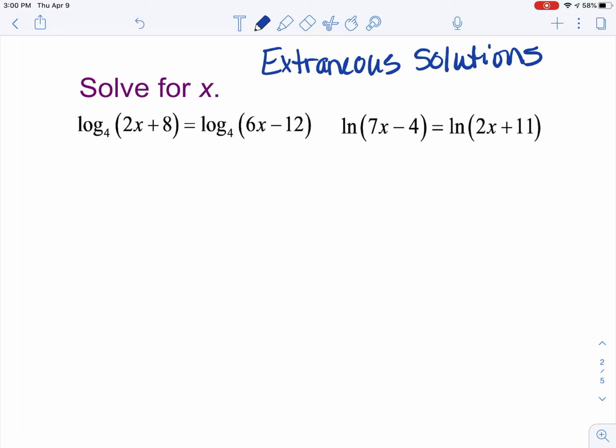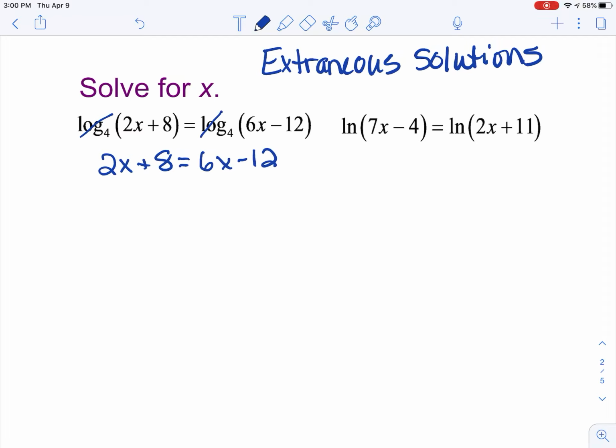All right. So on our first one, we have log base 4 of 2x plus 8 equals log base 4 of 6x minus 12. Well, I have one log on the left equal to another log on the right. So it's almost like I can take those logs away and I have 2x plus 8 equal to 6x minus 12.